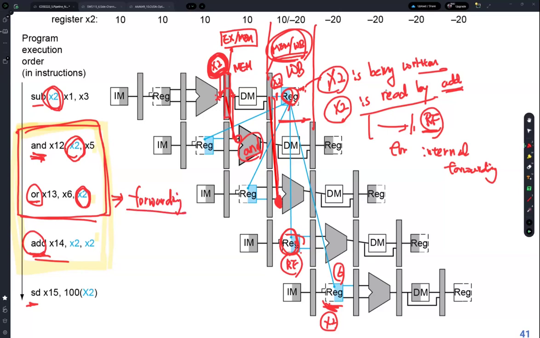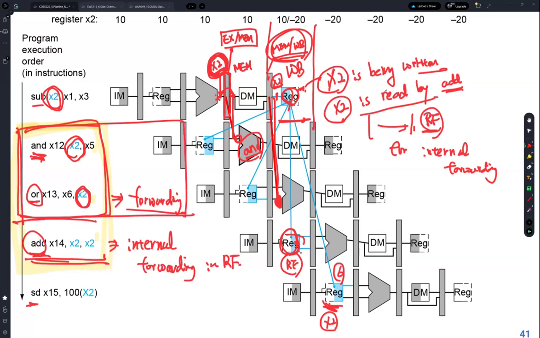For the add instruction, the forwarding is internally performed in the register file, so it can be supported by internal forwarding in the register file. So for the pipeline architecture design, we need to consider this case.